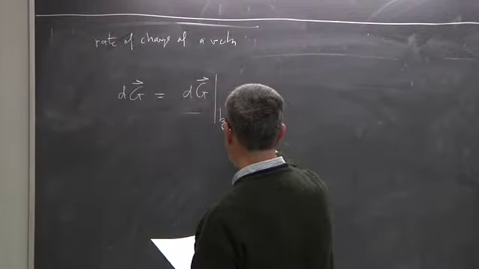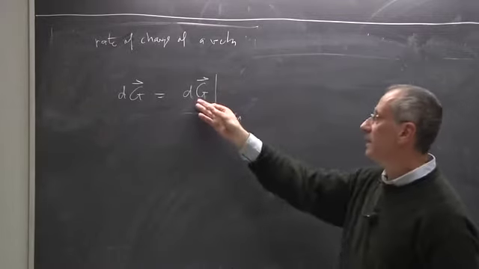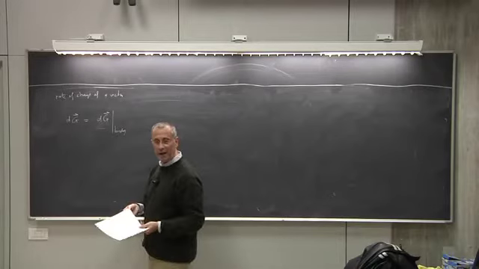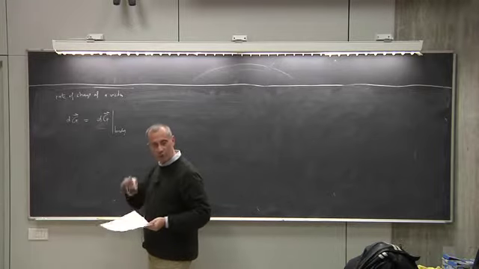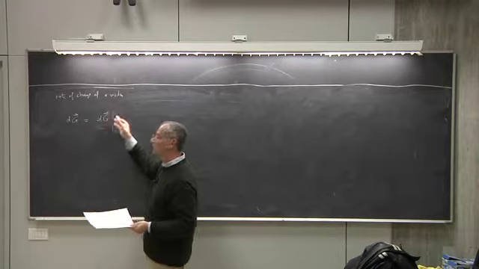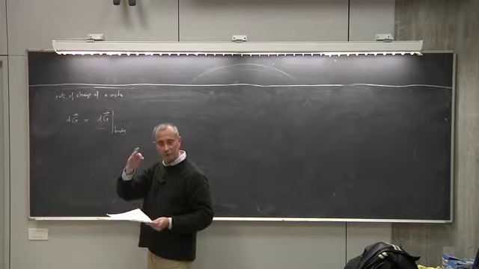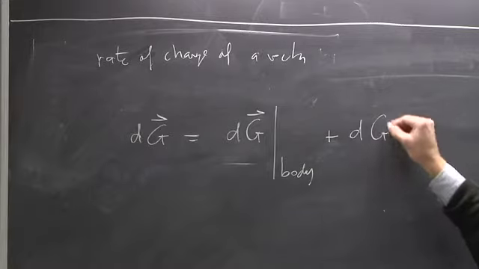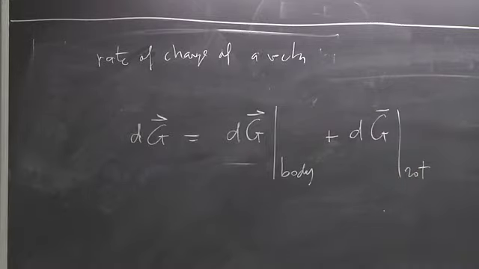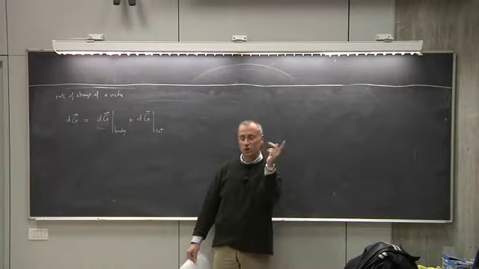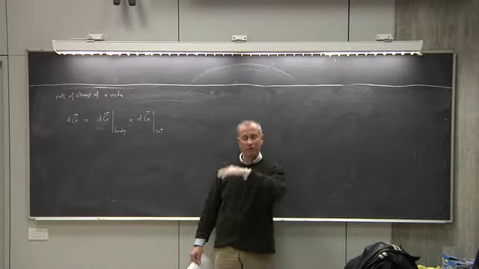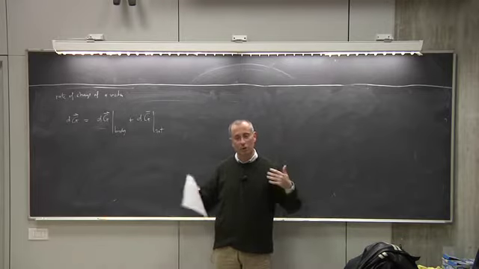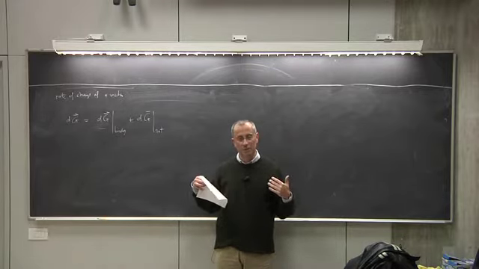One is simply the change of this vector as I measure that on the body that is rotating. So this is due to some force, something that is changing my vectors. But there is also a component that I call dG rotation: even if I'm not doing anything to this vector, the simple fact that our planet is rotating is changing that vector, with respect to an observer who is standing outside the planet.